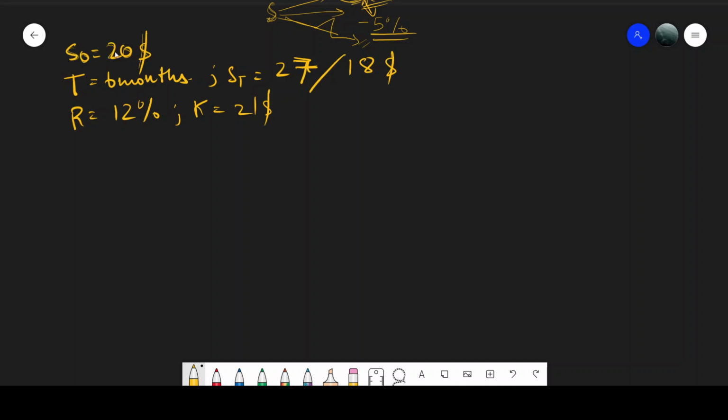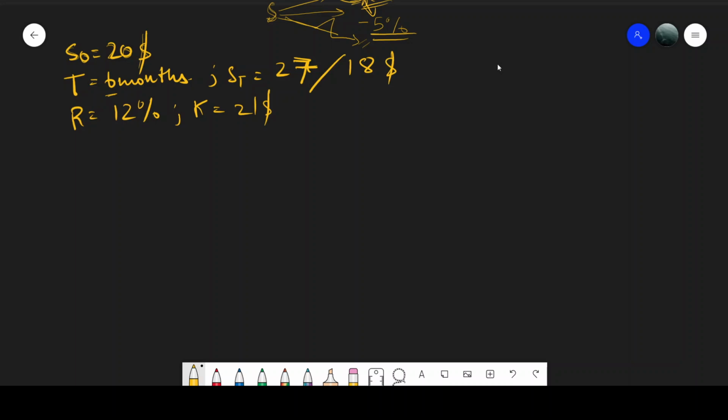The price of the stock today is $20. In 6 months, it's either going to be $27 or $18. And my strike price is K, which is $21. So this basically tells me that in 6 months, I'm going to buy the stock at $21, even though the price of the stock is $27.